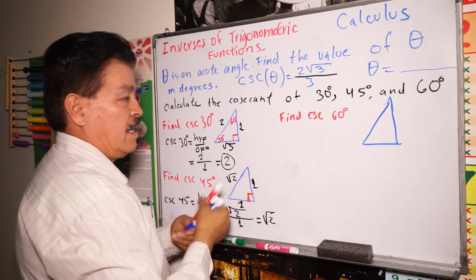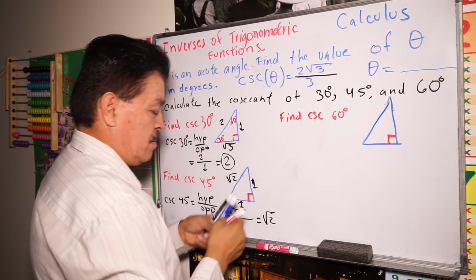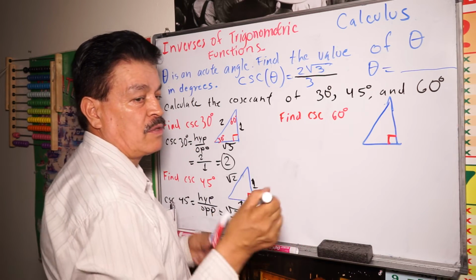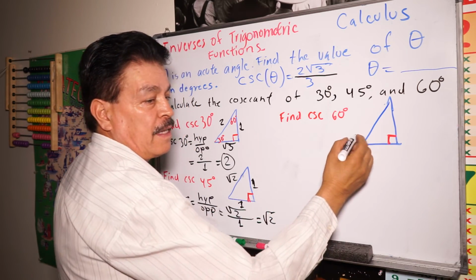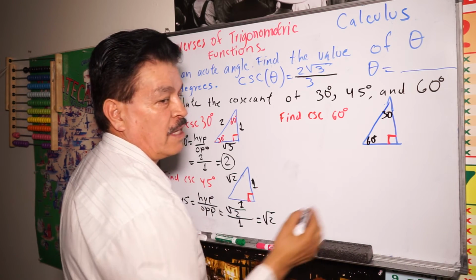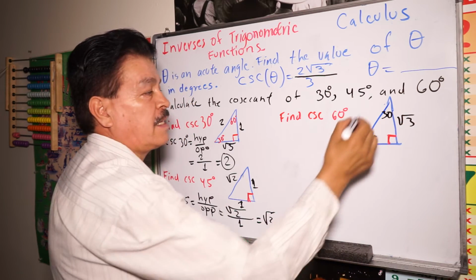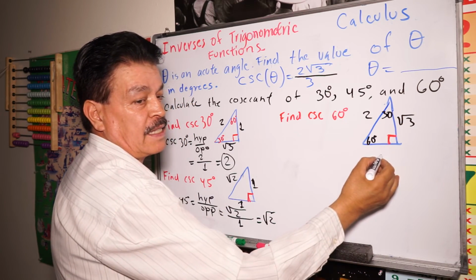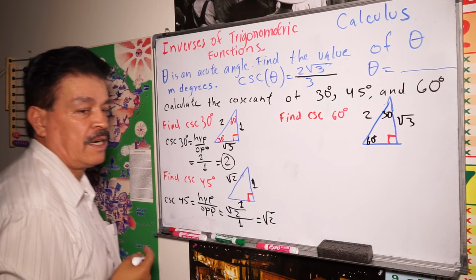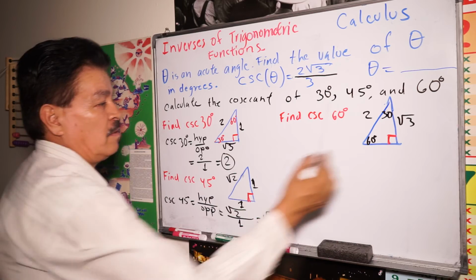This is going to be the right angle, and then the values. This is 60 degrees here, and then 30 degrees, and here square root of 3, this side 2, and this side 1.